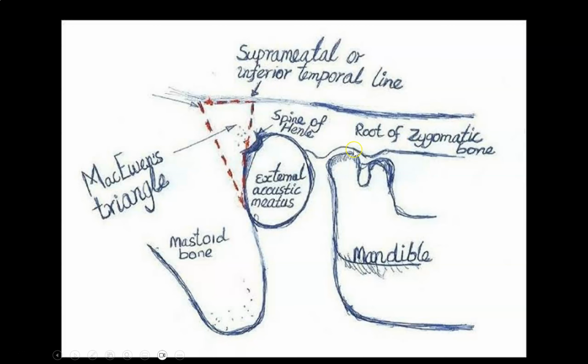So if anybody mentions the suprameatal triangle, this is the inferior temporal line, which is the line of the supramastoid crest.